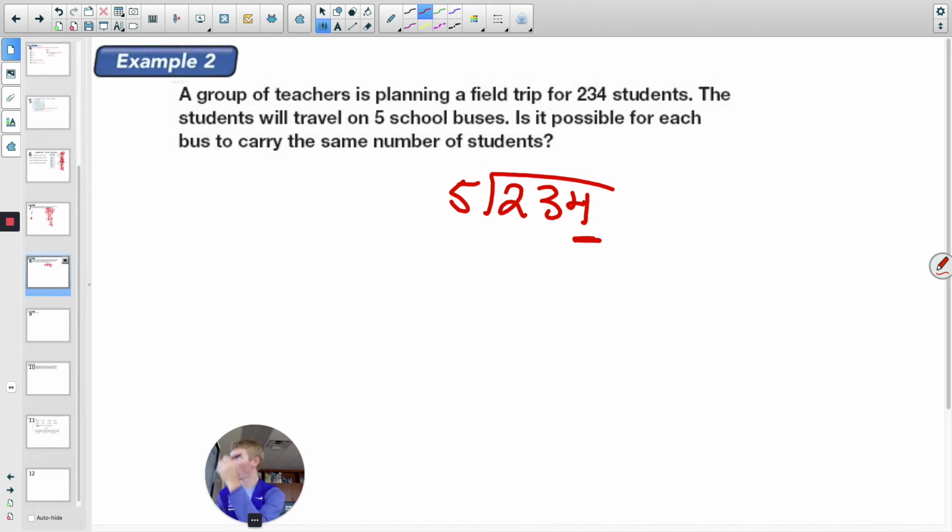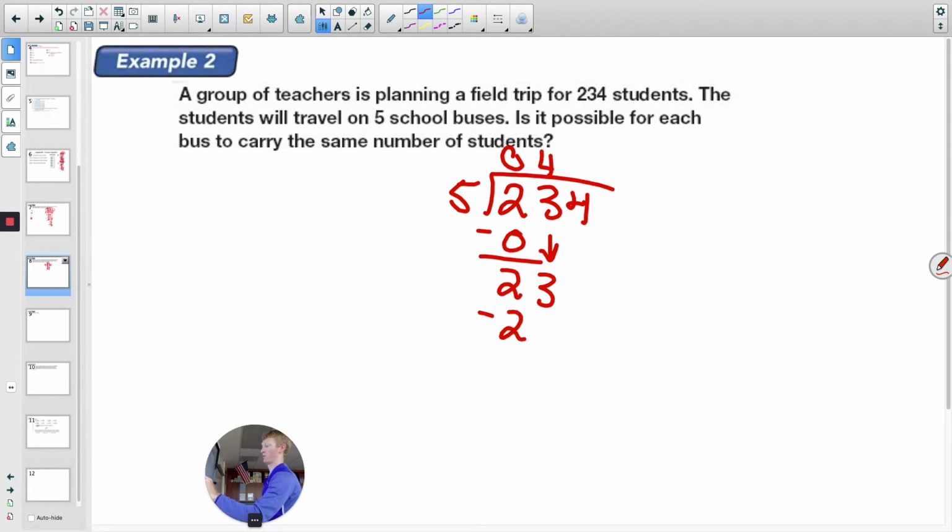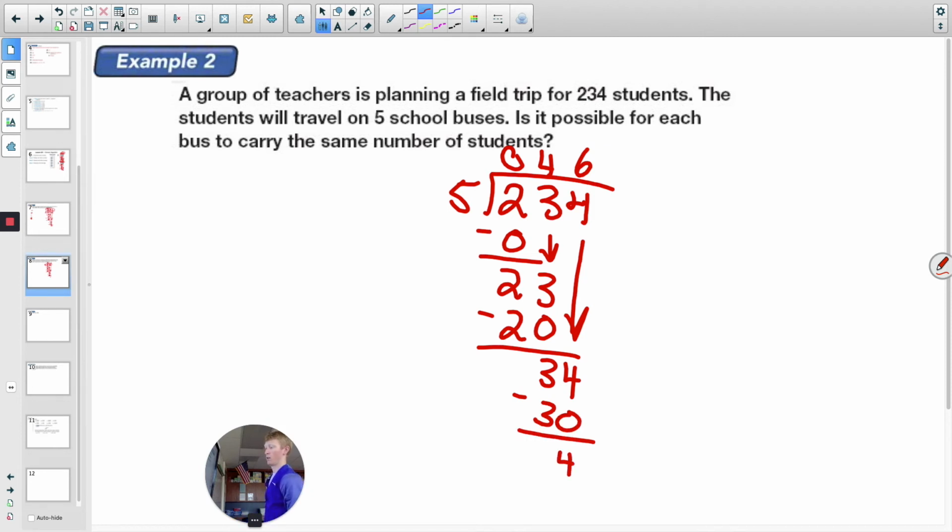So I could do the whole division algorithm, but it's not going to come out evenly. So I have 4 left over. So the answer is no.